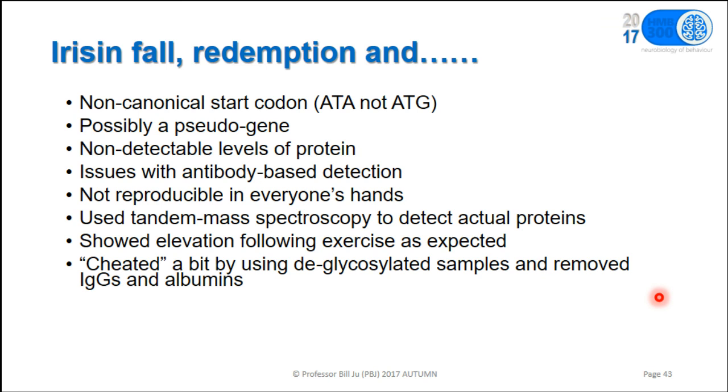Irisin does not have that. Irisin at the N terminal actually has an ATA. It's a non-canonical start sequence. So people were looking at that going, wow, this can't possibly be a real protein. It doesn't have an ATG start codon. So ATA being there made a lot of people suspicious.